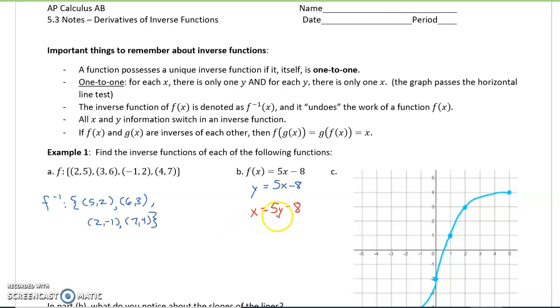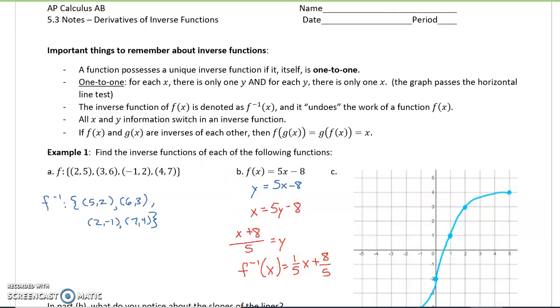So if we're going to figure out what this new output is, it's the old input, we're going to solve for y in this new equation. So we'll add 8 to the other side. That's equal to 5y, so we'll divide by 5 and get y. Or another way we could write this is f inverse of x equals 1/5 x plus 8/5.